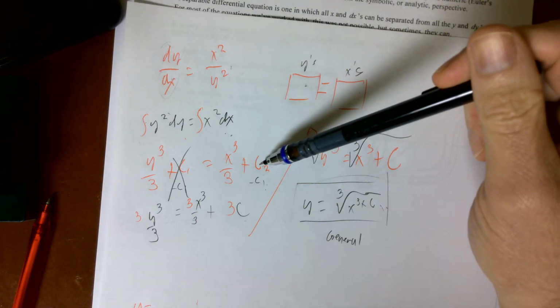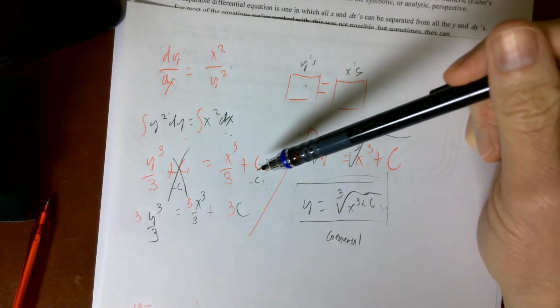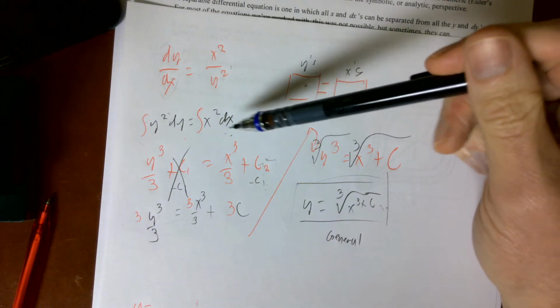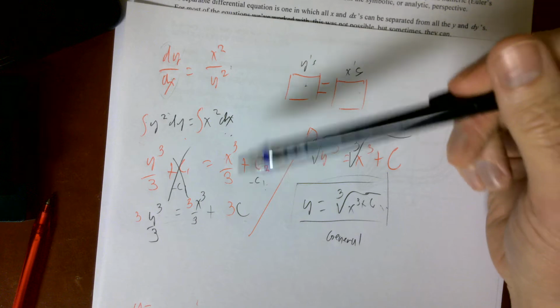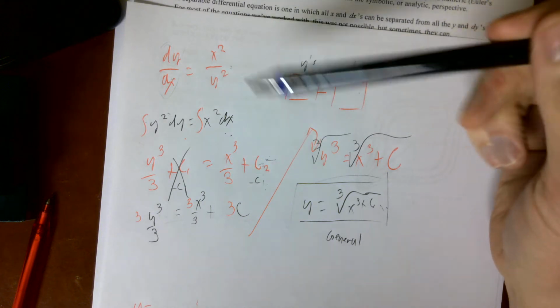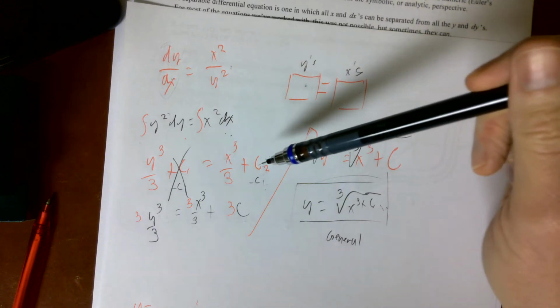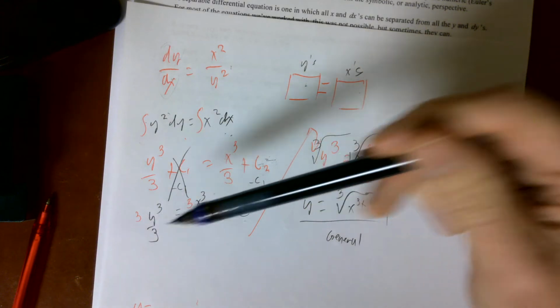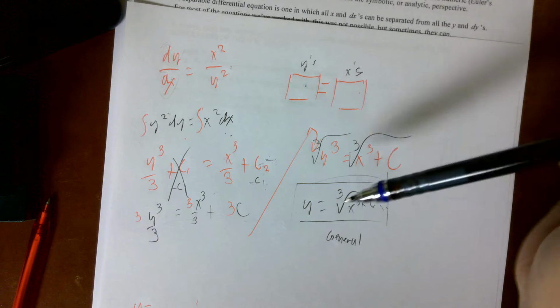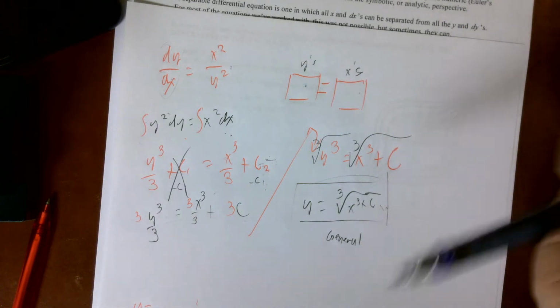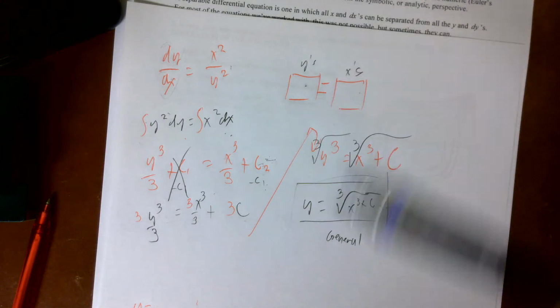If you forget to put the plus c, you lose 3 or 4 of those points. So, and we'll see some examples of that tomorrow and Wednesday. But remember to put the plus c, then do some algebra to get y by itself, and we've got our general solution. So, there's our first example.